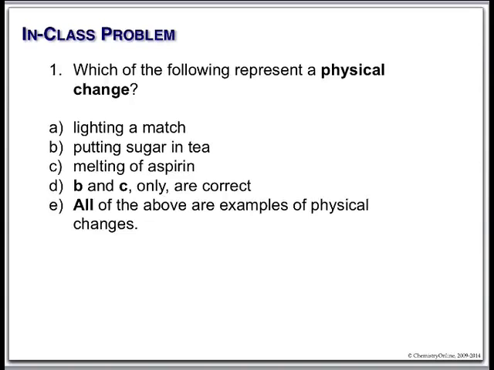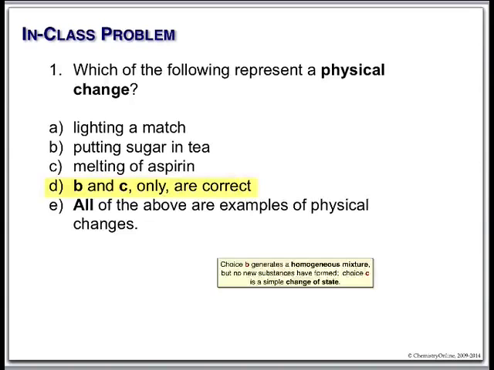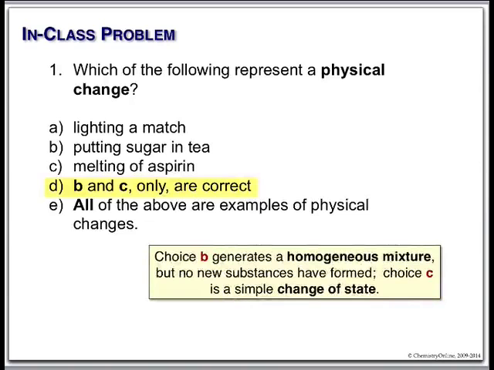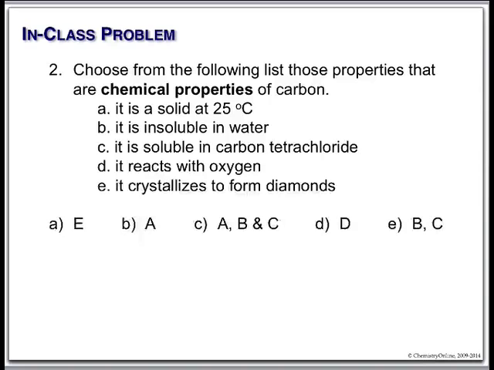Choose from the following those properties that are chemical properties of carbon. It's a solid at 25 degrees centigrade. That's its physical state, isn't it? That's not a chemical property, that's a physical property. It's insoluble in water. Well, sugar dissolves in water, but carbon doesn't.